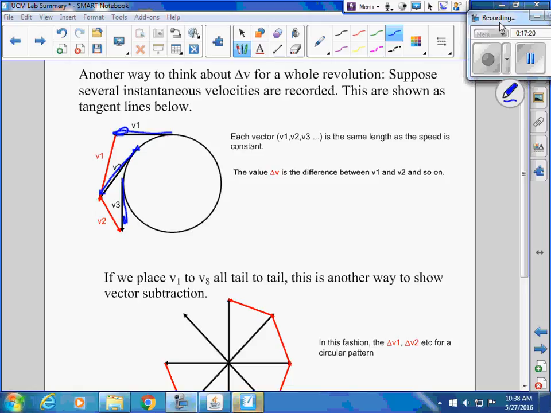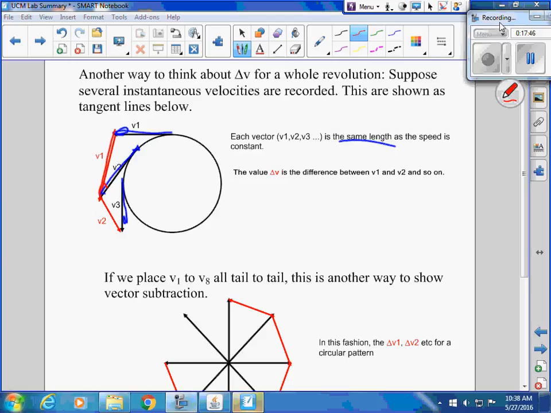Each vector, v1, v2, v3, is the same length. How come? Same speed, not velocity, because velocity is directional. Same speed. Okay? The value delta v is the difference between v1 and v2 and so on. So this red one here is the difference between those two.